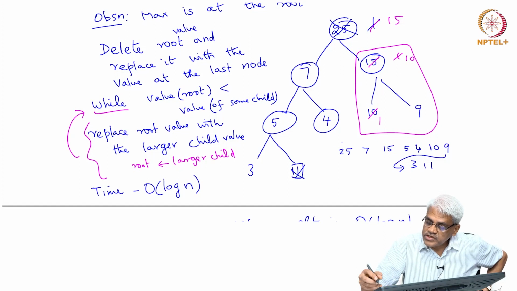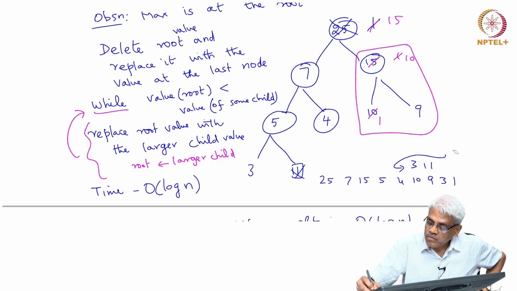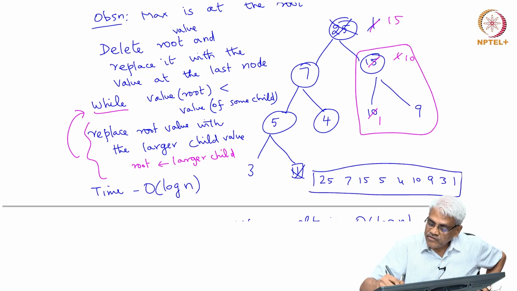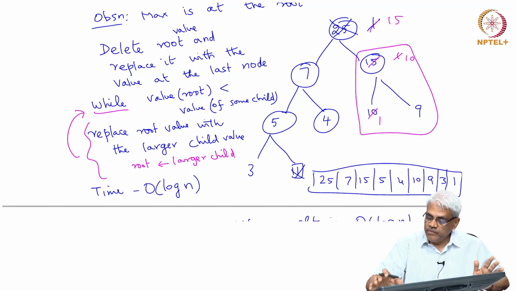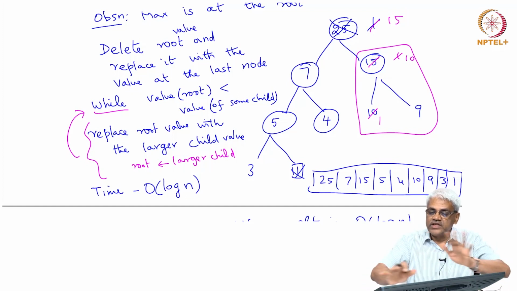So now suppose I store this entire thing in an array. Okay, so 25, 7, 15, 5, 4. I store this in an array. All I have done is I have read the values level by level and I have stored them here. You can just work with this array. I don't need these pointers at all.